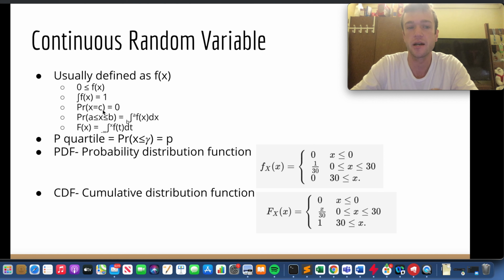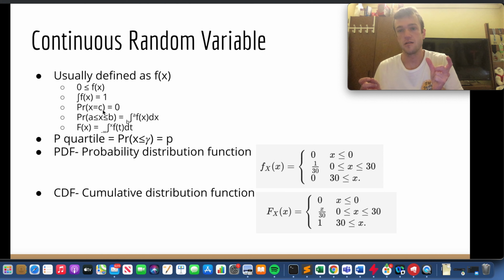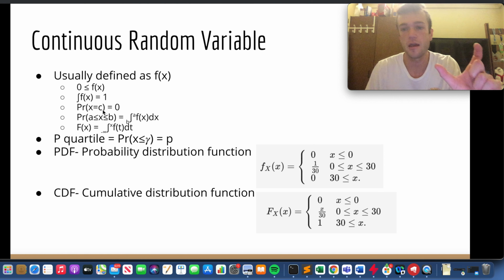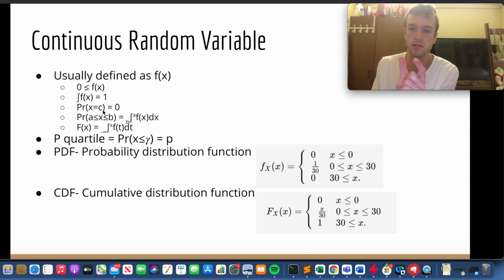Moving back to f of x, the density at any point is always greater than or equal to 0, but it is not bounded by 1. What that means is there could be a sample space where the density is 10 between 0 and 0.1. That is fine, because the total area adds up to 1.